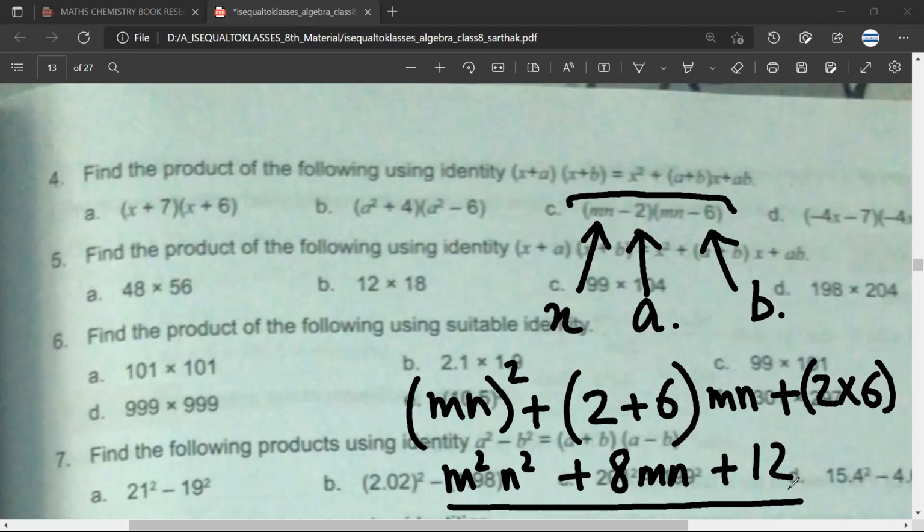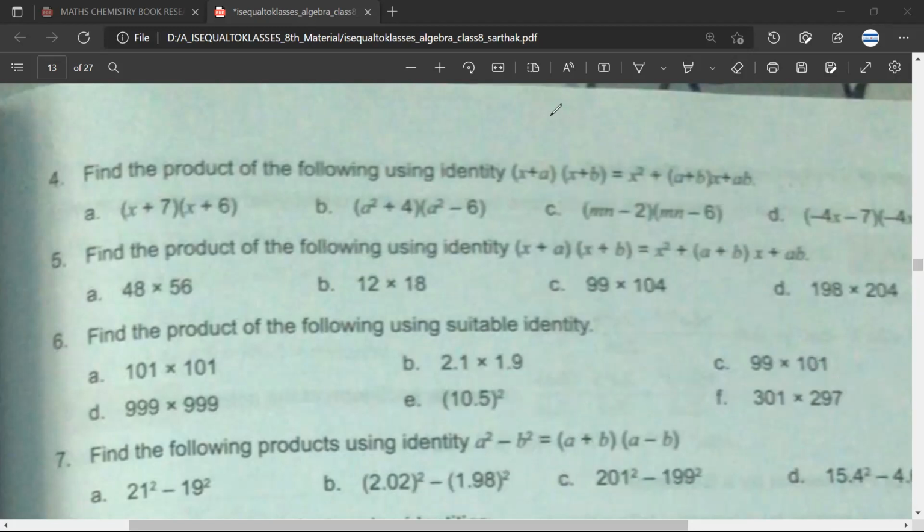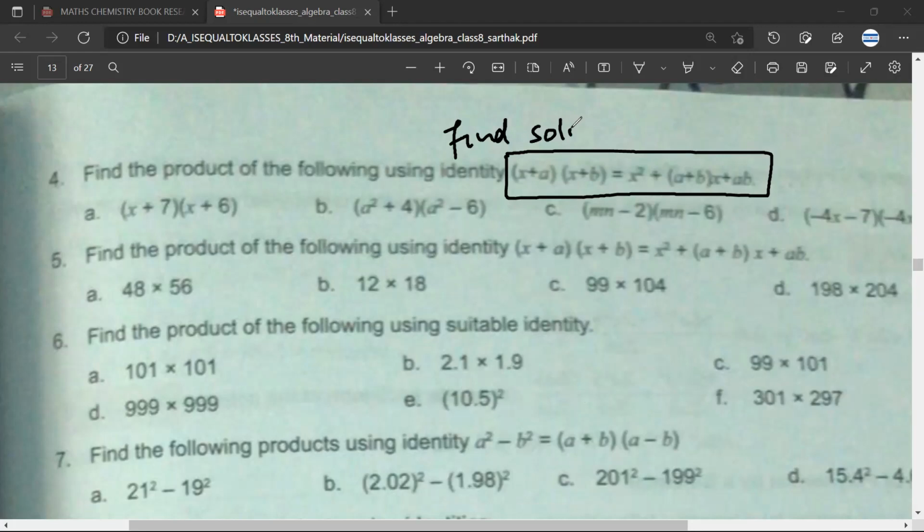Now again, you won't be doing this in class 8th, in class 9th or class 10th. You will start doing this. Now we will be using this method to find solutions of quadratic equations.